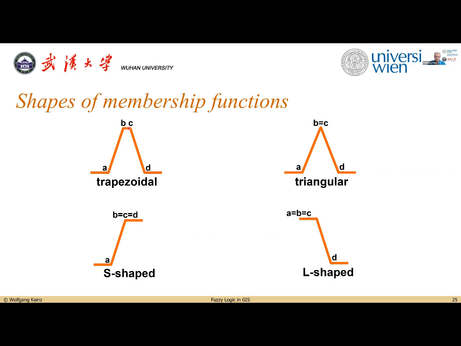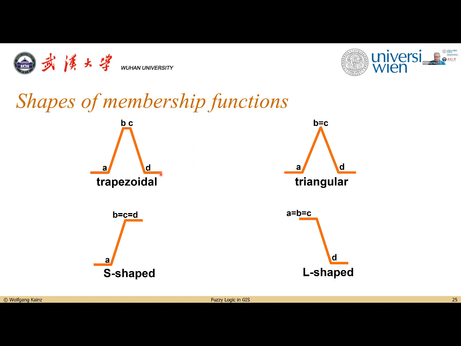There the membership value should be 1. And then the lower the elevation, the less the membership degree to moderate, or the higher the elevation, also the less the degree to moderate elevation.